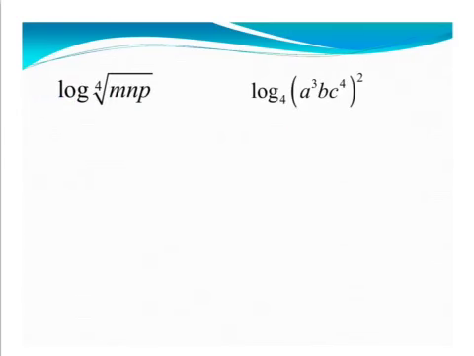So once again, when we see square roots, cube roots, or fourth roots, we can rewrite it with an exponent. So let's rewrite this one as log of m n p to the 1/4. What I'm going to do with this one, since there are no more exponents inside the parentheses, is just put that 1/4 out front.